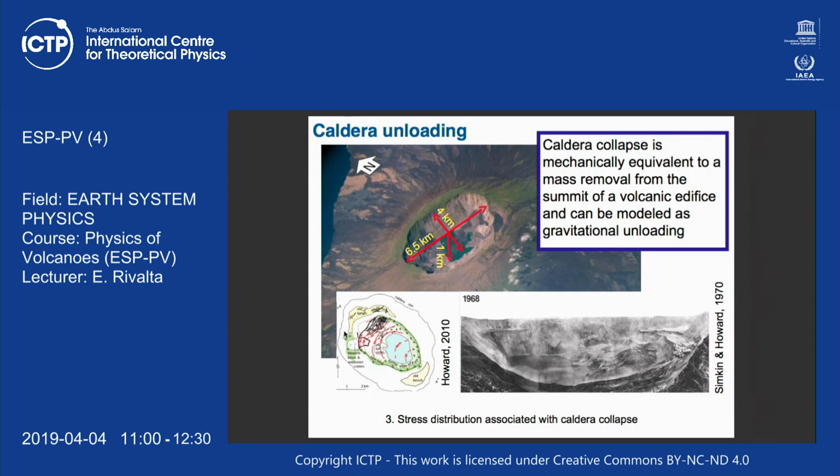It's actually the opposite. Instead of putting forces that push down to simulate the load of the volcano, you have to take some of these forces and pull, because you remove some mass, you create some unloading. On the other hand, one may ask, well, I'll show you that this works, and then we can discuss this approach.